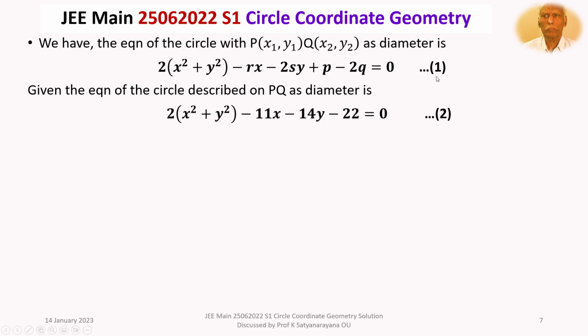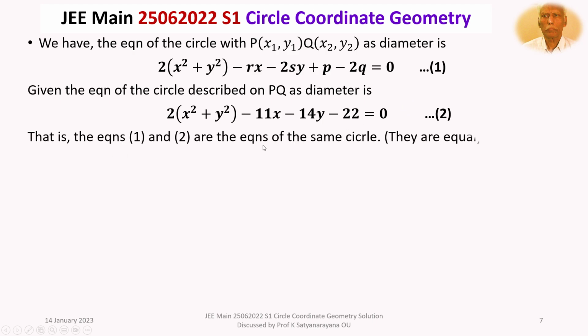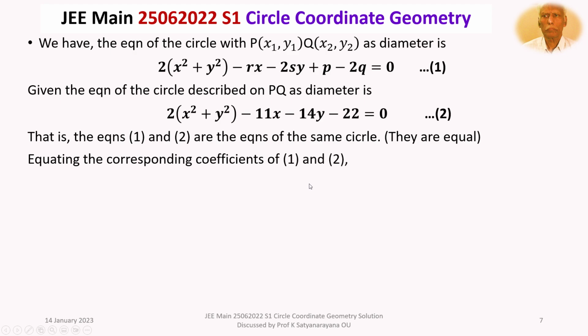So equations 1 and 2 are the equations of the same circle, therefore the corresponding coefficients must be equal. Equating the corresponding coefficients, the coefficient of x from 1 is minus r and from 2 is minus 11. So minus r is equal to minus 11, therefore r is equal to 11.